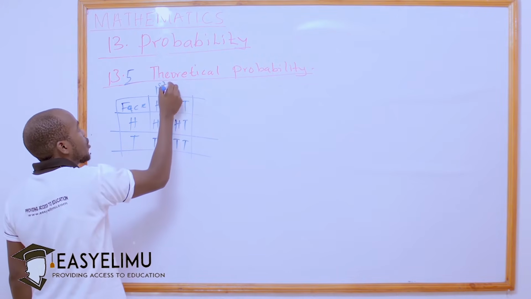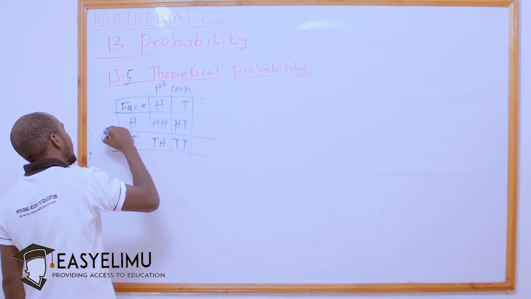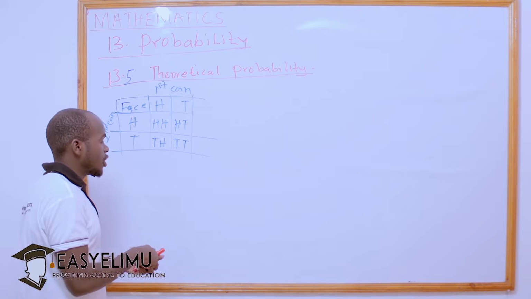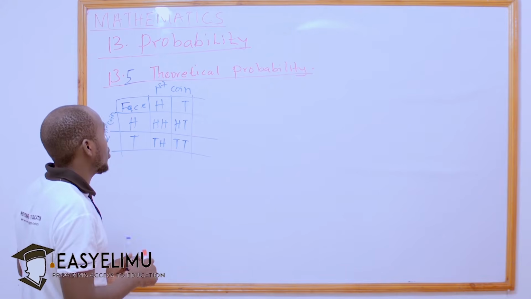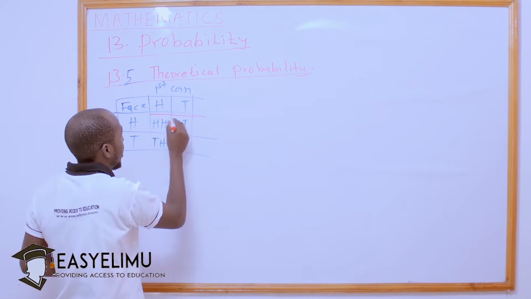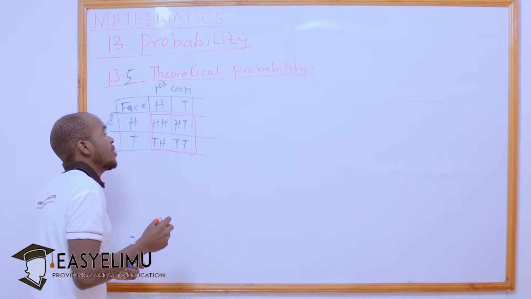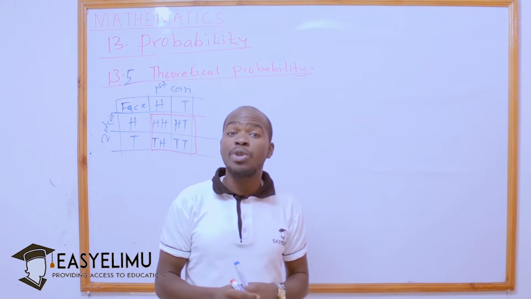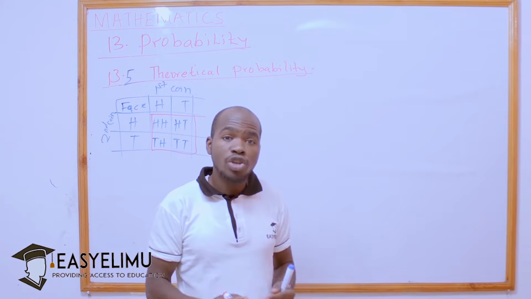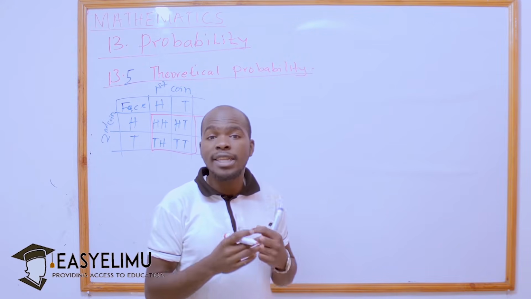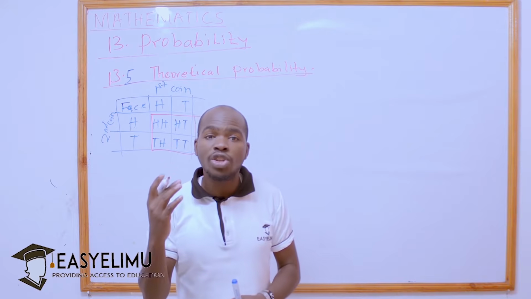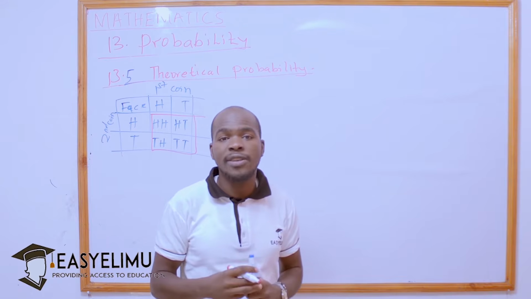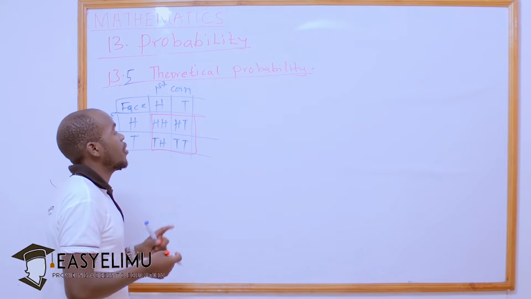In case this is the first coin and this one is the second coin, if you toss them together, this is what you will find as your probability sample space. You may do this as an experiment, or you may just give it theoretically, because it doesn't require an experiment: the physical nature of a coin is that it will show either a head or a tail, meaning they have equal chances of occurring. So that is how we find it.